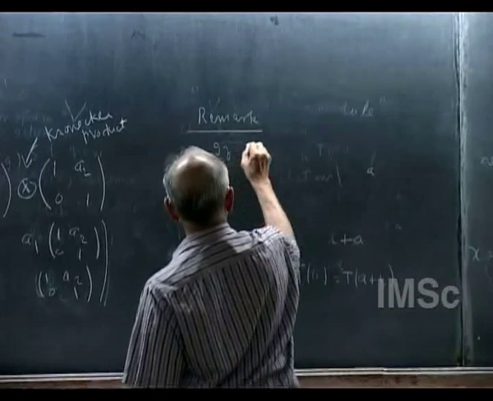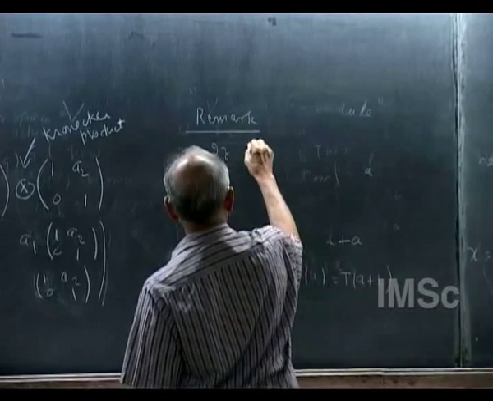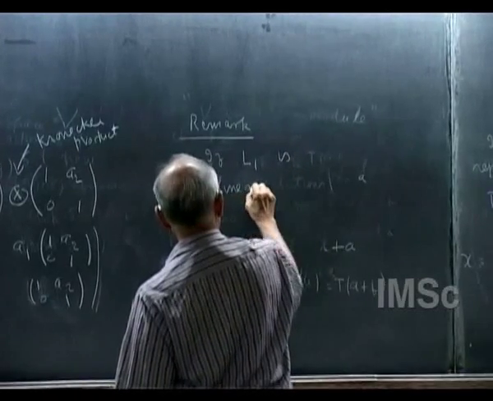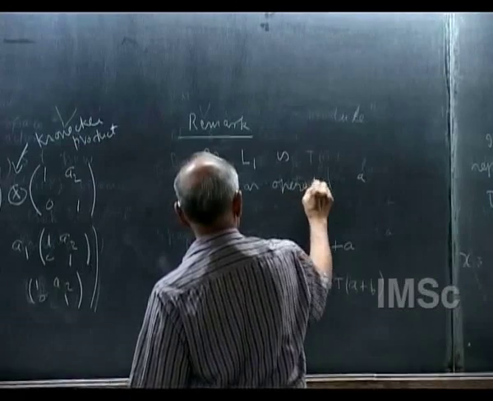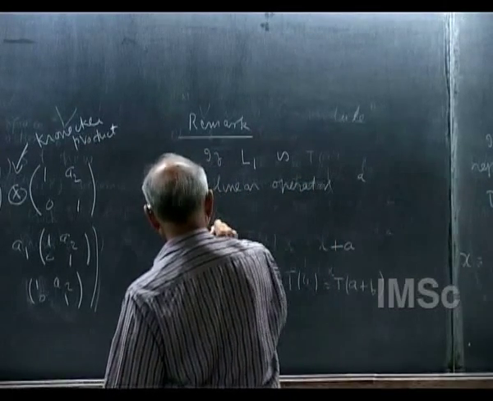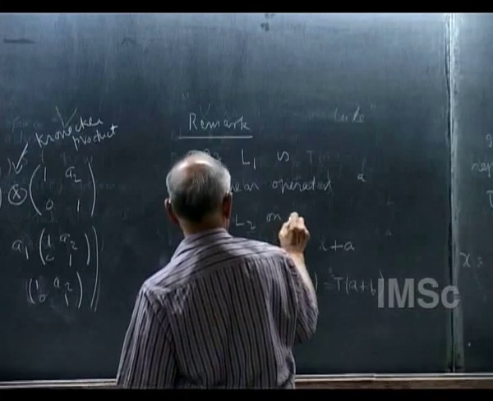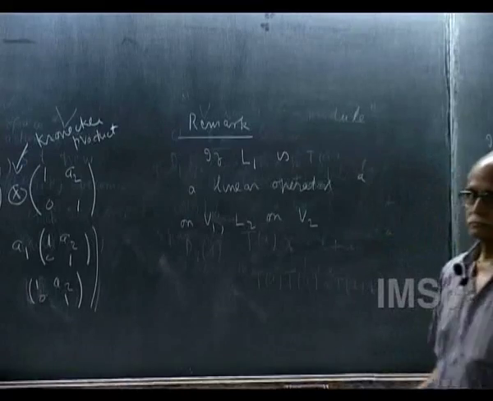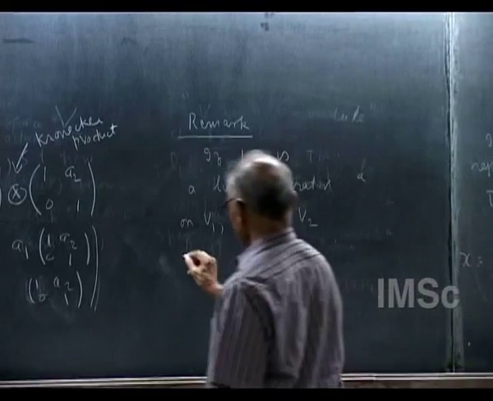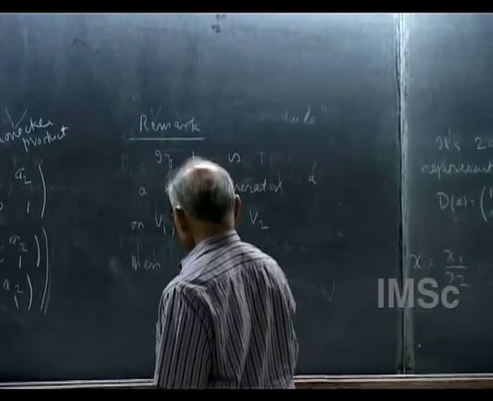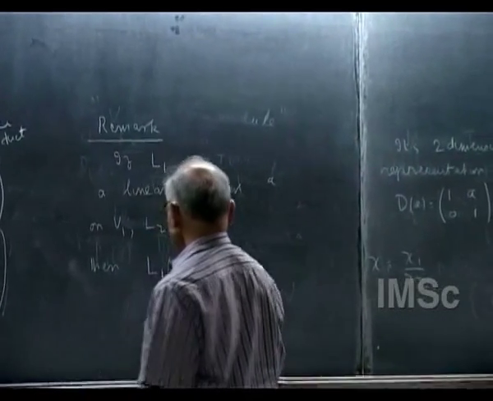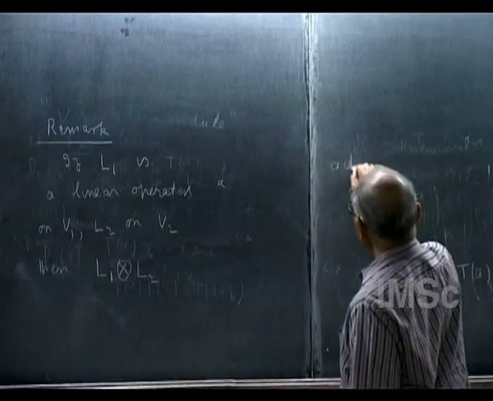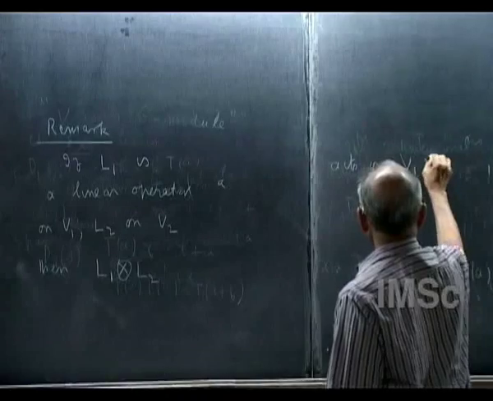If L1 is a linear operator on some vector space V1, and L2 on V2, then this thing L1 tensor L2 acts on V1 tensor V2.